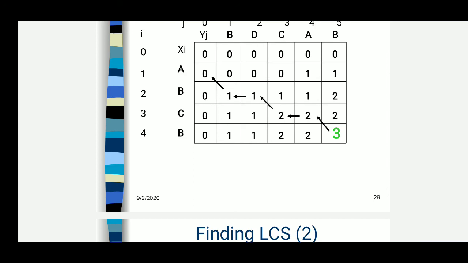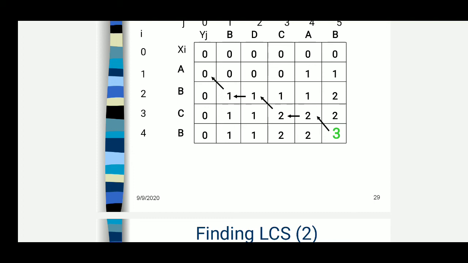Now 2 is computed from the left side, and again this 2 is computed from the diagonal value. Okay, so we will take this value C as part of the LCS.